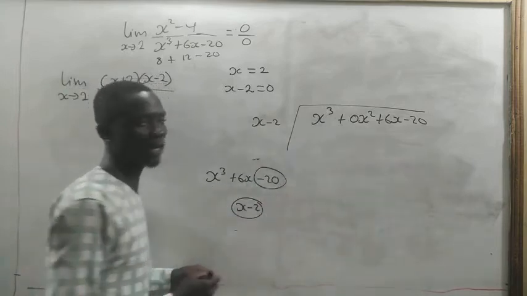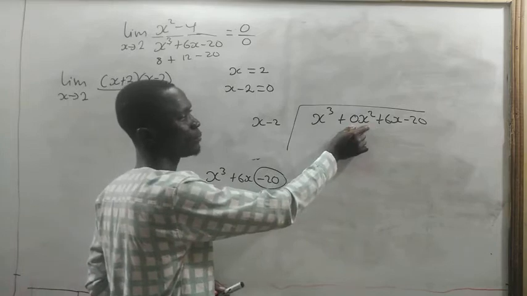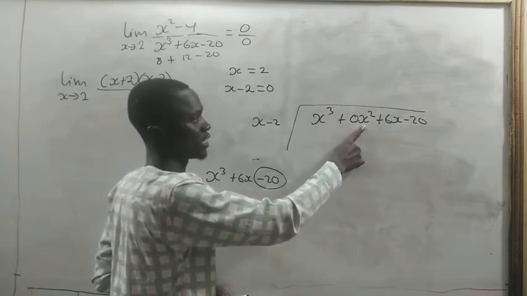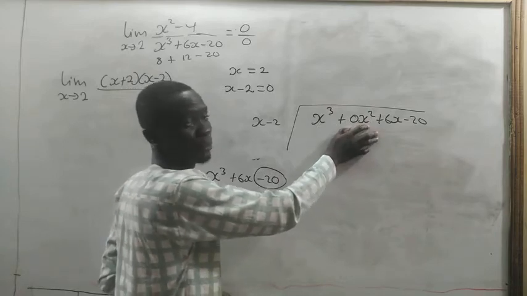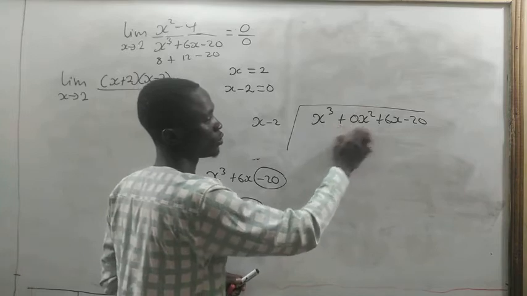Why this 0x squared? I've used this 0x squared to occupy the position of x squared. We have x cubed, we don't have x squared. So 0 times x squared is just keeping the position of what? X squared. 0 times x squared is 0, so there will be nothing there.